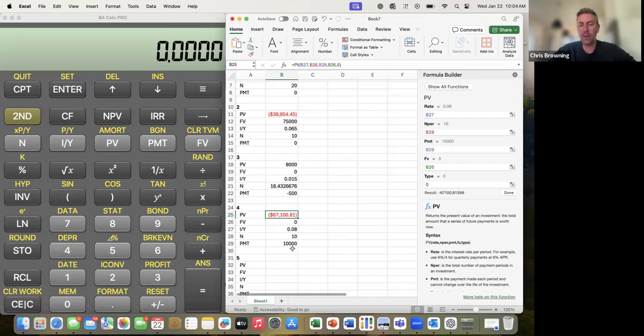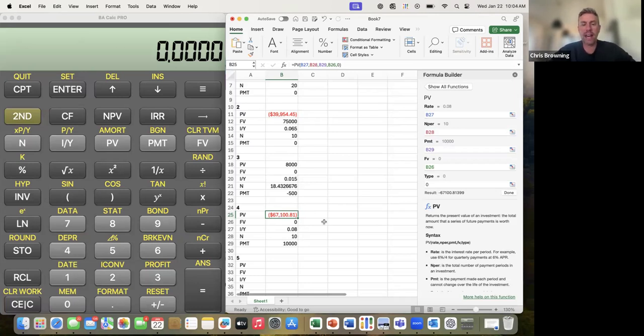The other way of looking at this is, if the client wanted to purchase longevity insurance, and the contract said we're going to pay 8% on the upfront money, and you need $10,000 over a 10-year period, then the cost of the insurance is going to be $67,100.